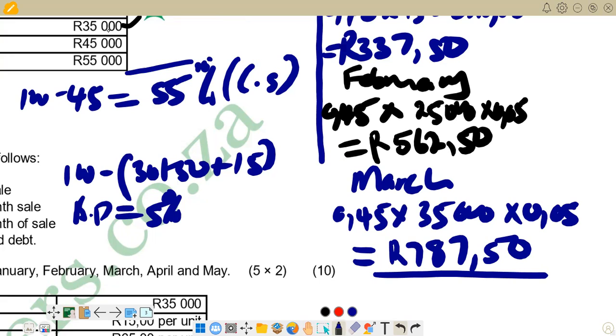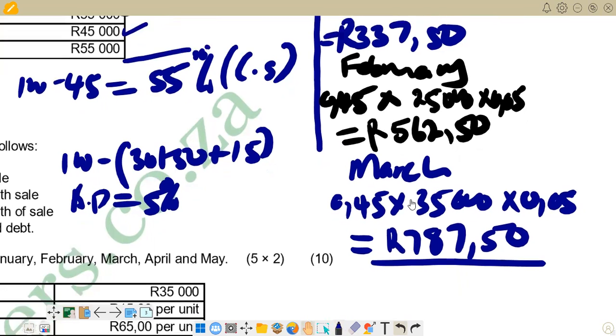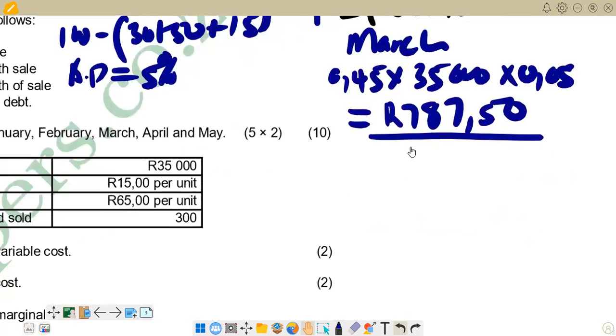Then from 35,000, we are going to the next one, which is April. April is here, which is 45,000. Now we are on April. In April, we are saying 0.45.